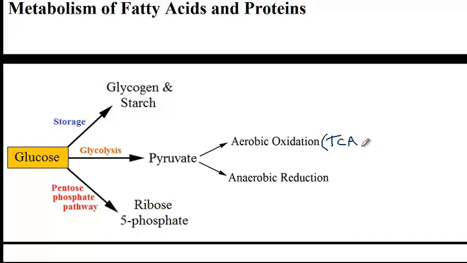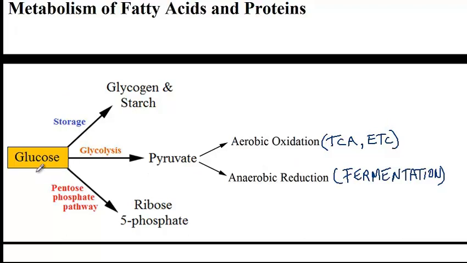All are the same names. And then from there on, its products will be sent to the electron transport chain to produce ATP. And then if there is not enough oxygen, then the pyruvate will have to undergo anaerobic respiration or fermentation. And we will cover all these reactions in details.